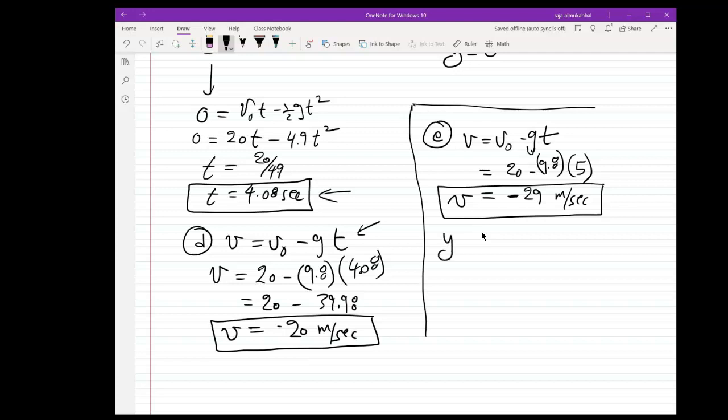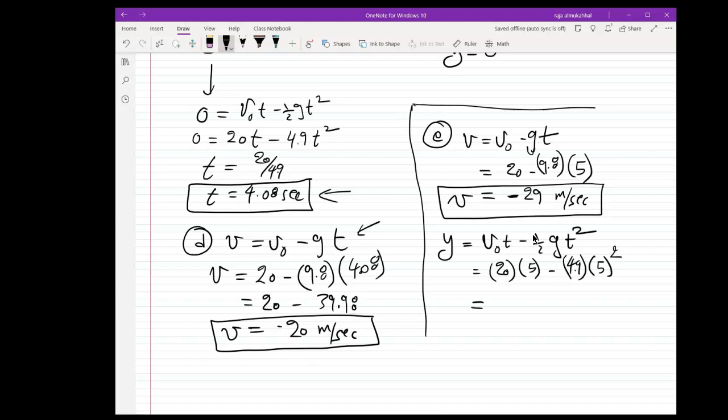And then what is the corresponding y? So I go v naught t minus 1/2 gt squared. Again, plug in everything in there. That's going to be 20 multiplied by 5 minus 4.9, which means half times g, is 4.9 times 5 squared.